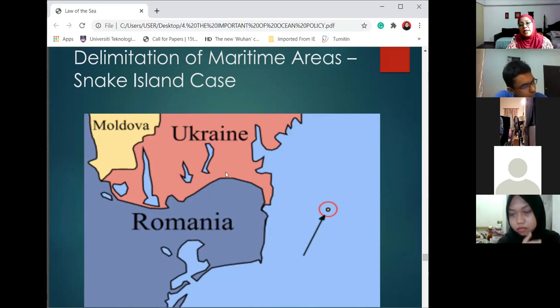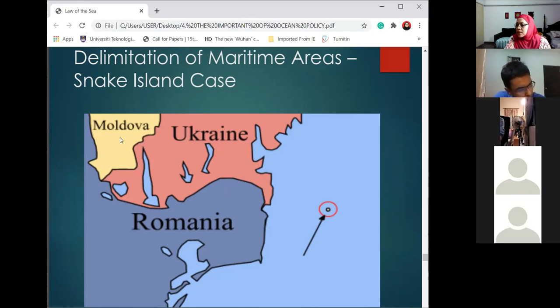You will also learn in your ocean policy or governance the difference between all the countries next to you. Moldova doesn't have a sea, but they do have rights to the sea under UNCLOS. A country like Moldova is known as landlocked and geographically disadvantaged country, GDC.